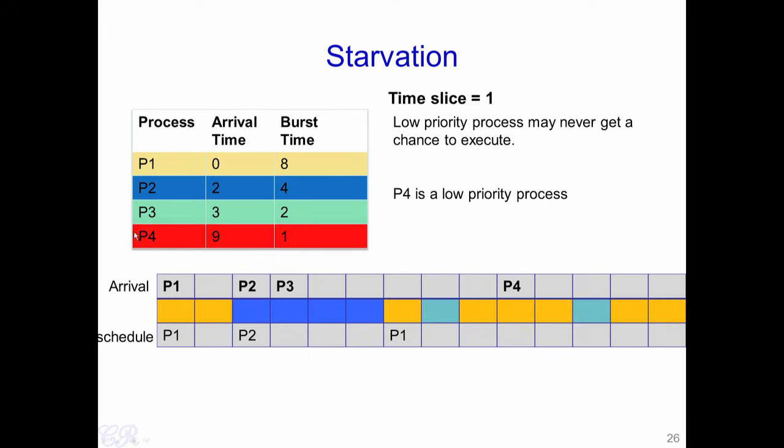At that time, process P4 will get a chance to execute in the CPU. Thus, we see by elevating process P4 over time, the starvation that would otherwise have occurred, since P4 was a low priority process, is eliminated.